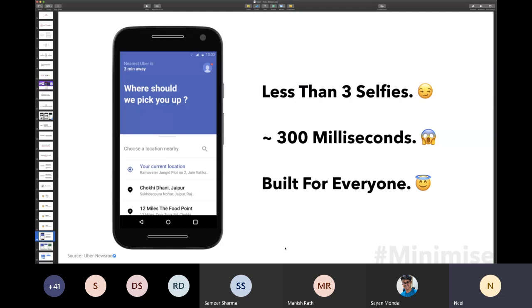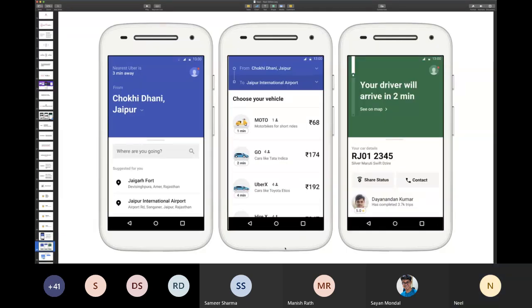Every font typography is bolder and larger to help people read properly and focus on what their task is. So it's very simple. It just asks you from and to, shows your choice of vehicle, and tells you where your driver will be. You can choose to toggle on the map later on. It does not have any fancy animations that the standard Uber app has.